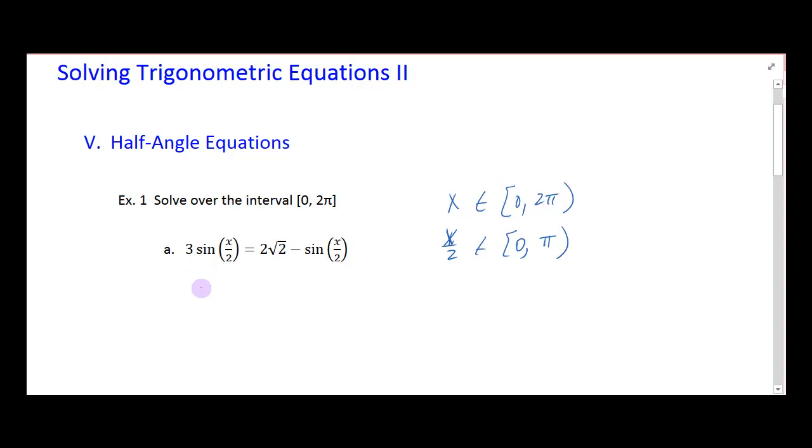When I do that, I end up with 4 sine of x over 2 is equal to 2 square roots of 2. I'm still trying to get the trig term by itself, so I'm going to divide both sides by 4. That leaves me with the sine of some angle equal to the square root of 2 over 2, because if I divide this side by 4 and this side by 4, that reduces to this.